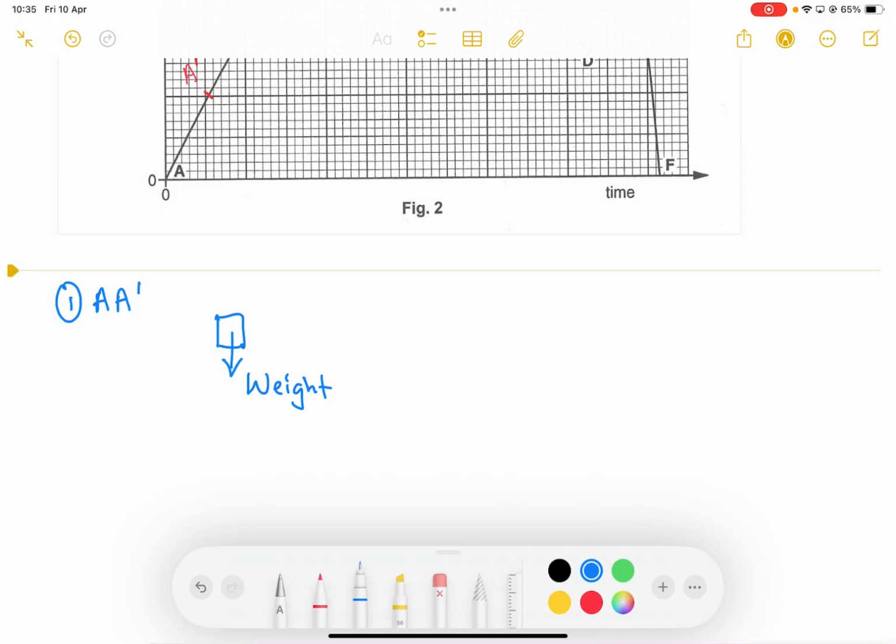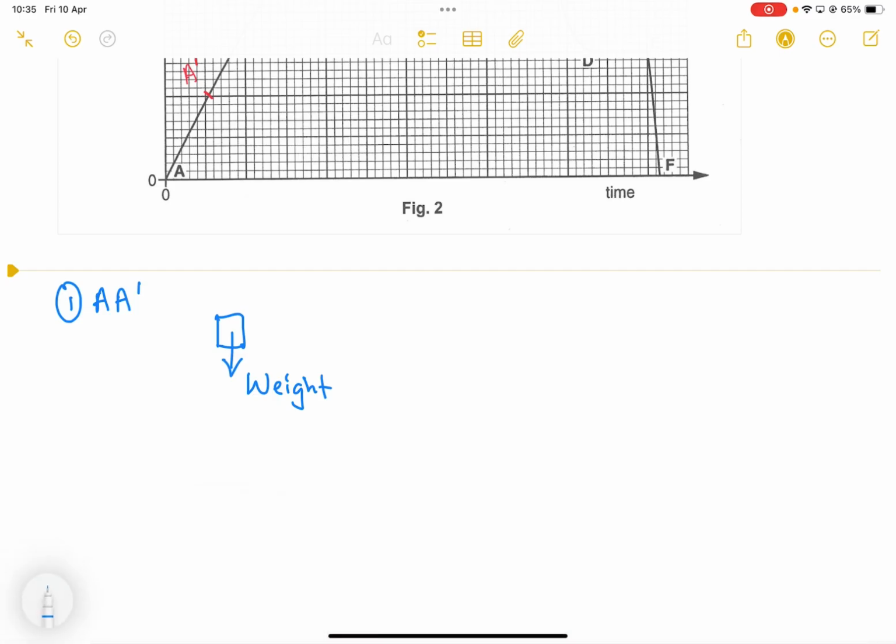There's only weight acting on the object. There's no air resistance yet. Air resistance is negligible when he first starts falling. So the resultant force, F net, is equal to the weight.